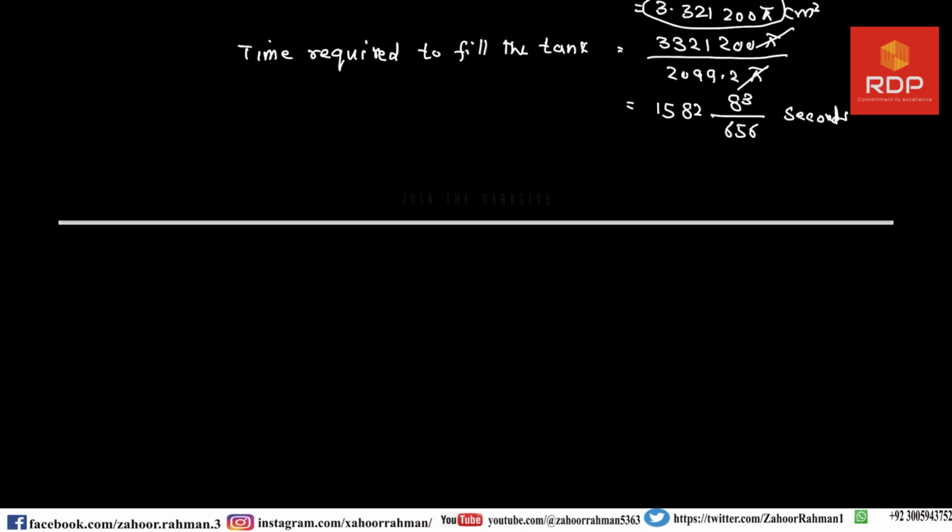So if we are converting it to a minute, that will be equal to 26 minutes. So that is the time for the cylinder to be filled by the discharge water, and that is 26 minutes.